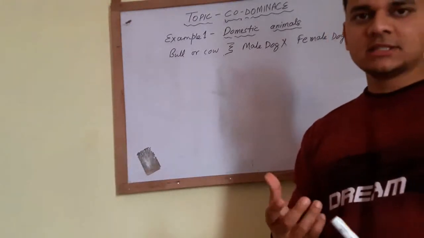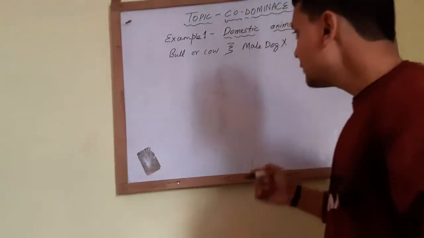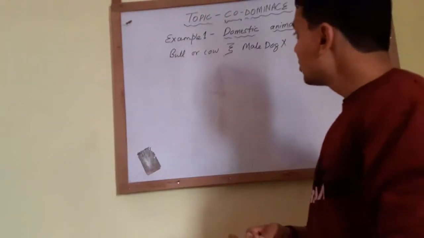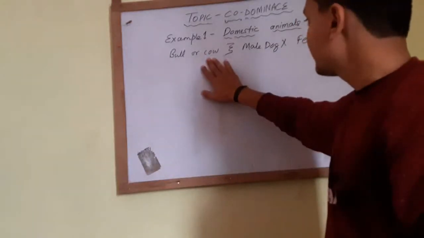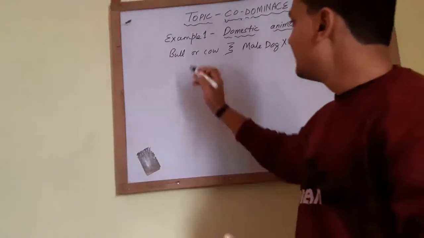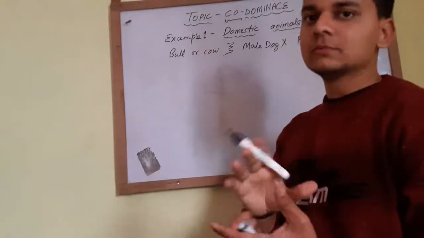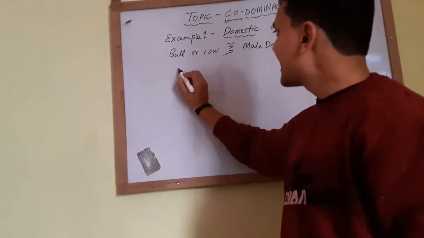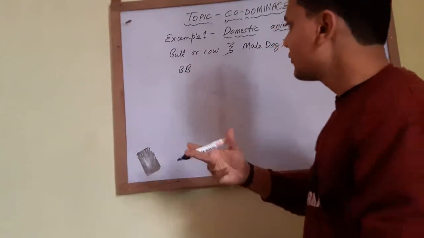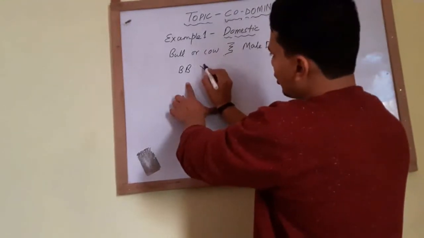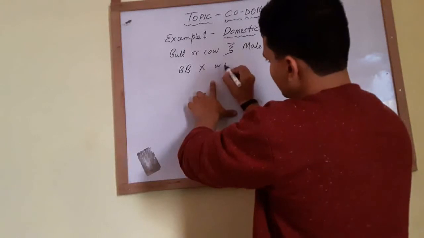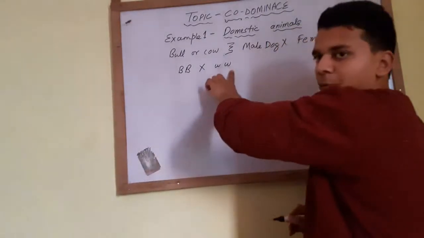Let me just demonstrate it properly. When we want to see codominance in these types of domestic animals, we will talk about, say, a bull, a male cow, of a black color. A pure black color bull, we will start from a pure line, is being crossed with a pure white color cow.